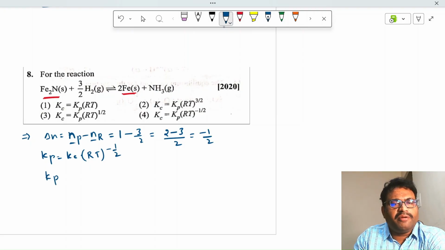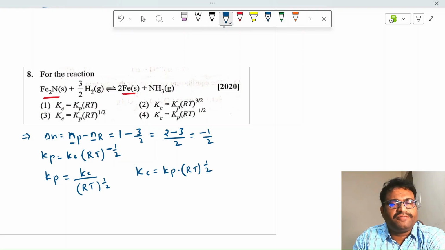Then Kp is equal to Kc by RT power 1 by 2, because when the minus power goes to the denominator it becomes plus. Then I can write Kc is equal to Kp into RT power 1 by 2.